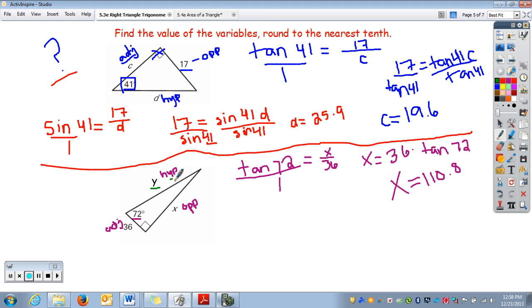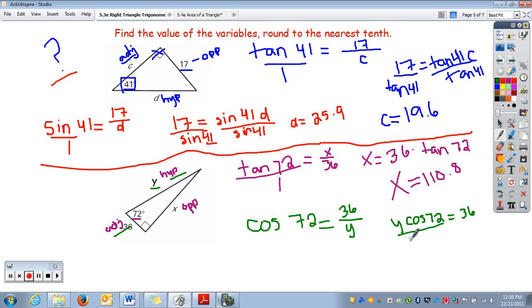Y is the hypotenuse, and I have the adjacent and hypotenuse. That is cosine. So we're going to do cosine of the angle to give us the correct ratio. Again, these are just giving us ratios, and then we actually set up the fraction ratio next to it. The cosine is 36 over y. Cross multiplying, we get y cosine of 72 equals 36.